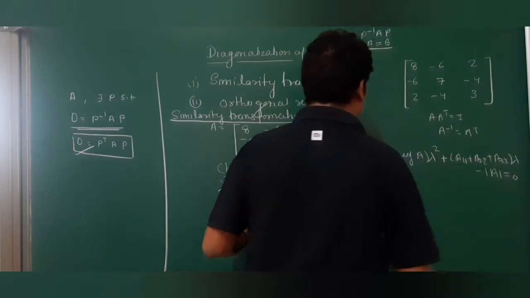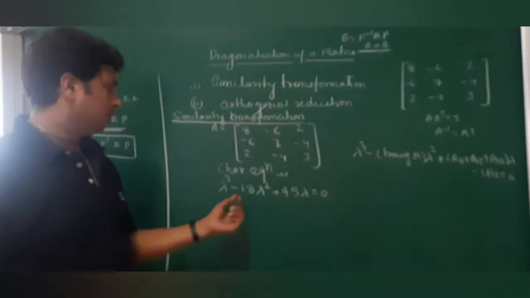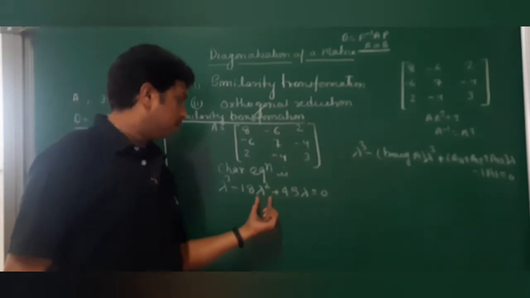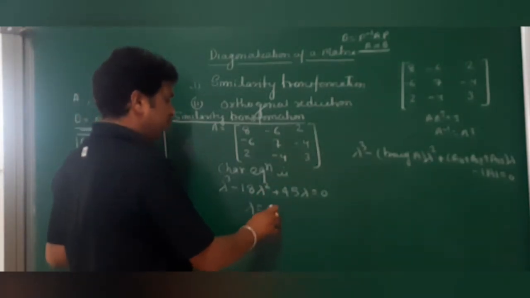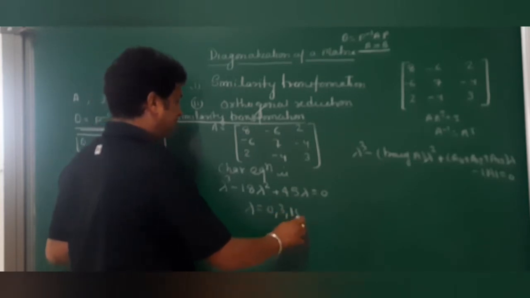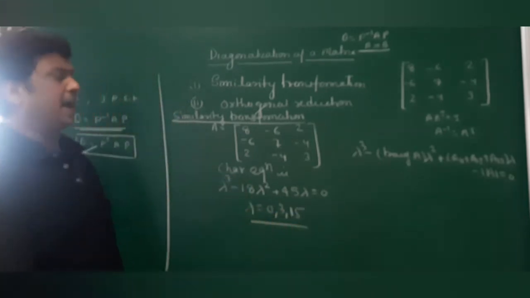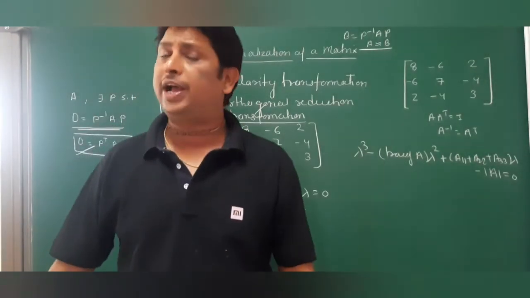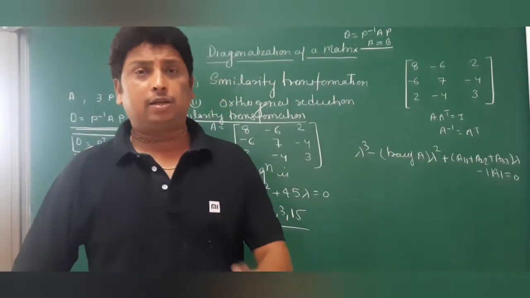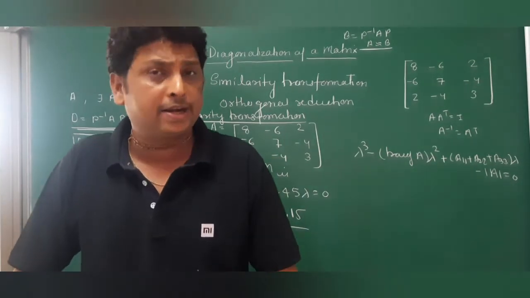So easily you can do. This is your characteristic equation. Solve it. You get the eigenvalues 0, 3 and 15. Now our task is to calculate the corresponding eigenvectors and then go for orthogonal reduction.